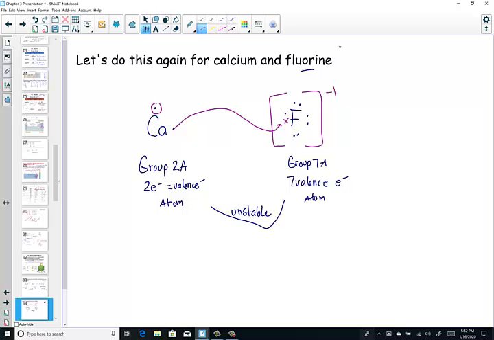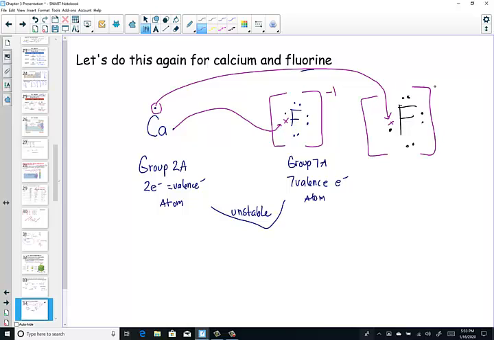So it's going to take another fluoride with its 7 electrons for the calcium to be able to give out its second valence electron.